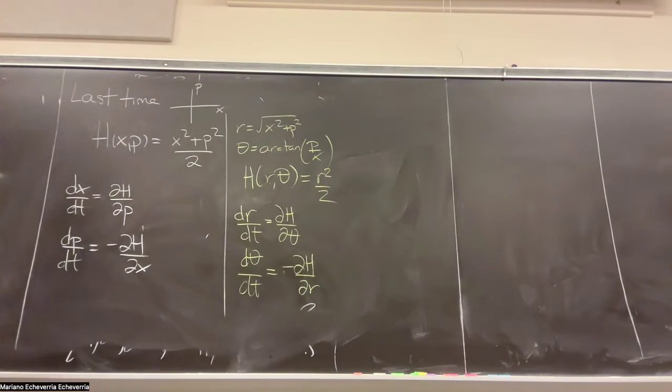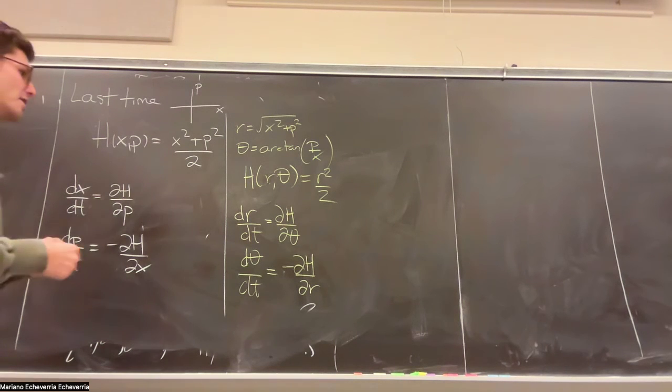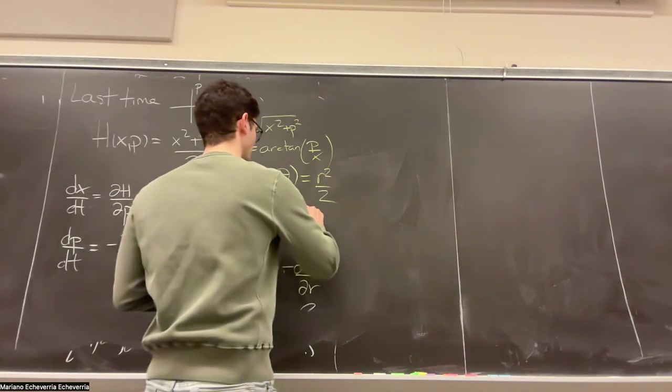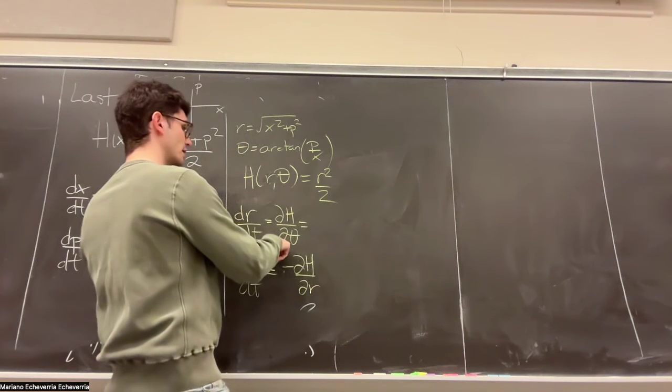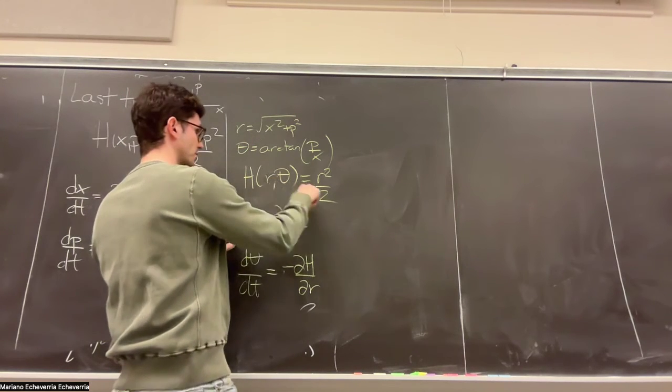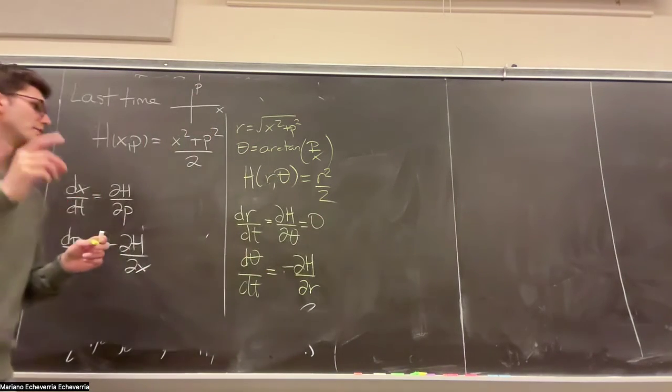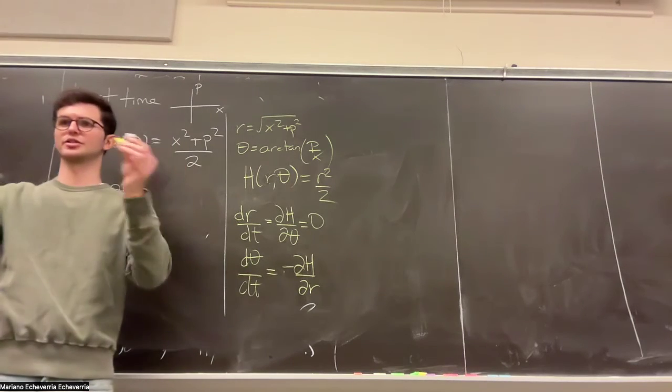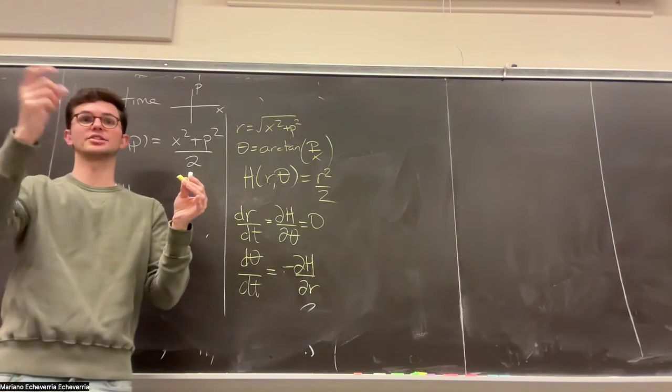If you just naively apply the equations of motion in this way, pretending that it's the same, then you would have obtained, okay, this is fine: the derivative of H with respect to theta is 0, and that's what you would expect because if you remember the solutions were circles, so the radius is not changing over time.